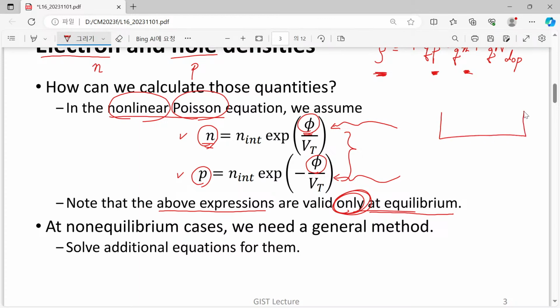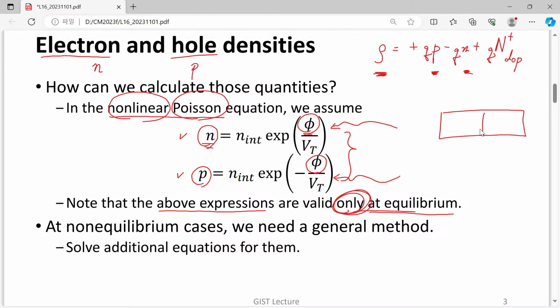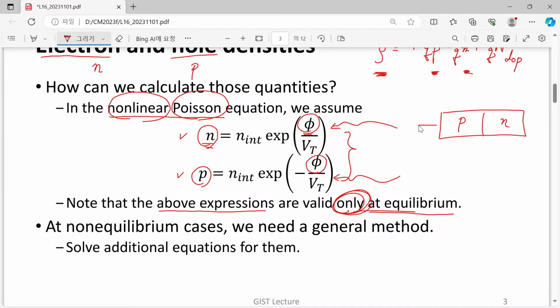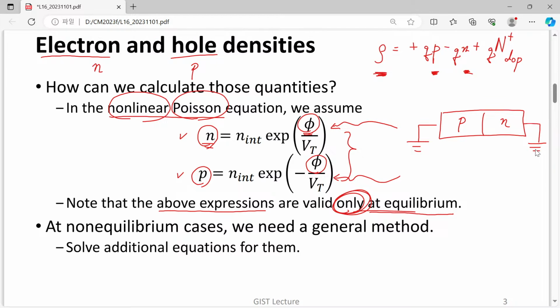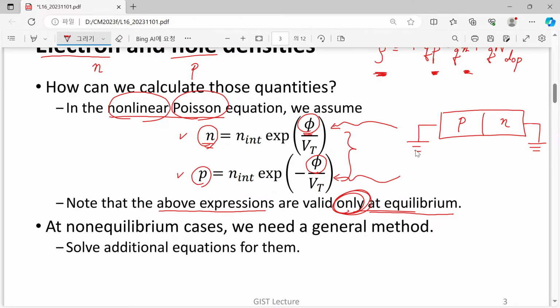Let's come back to our PN junction example once again. Up to now, we can solve the system where the P and N sides are biased to 0 volt. However, this is not the typical case for our research interest.